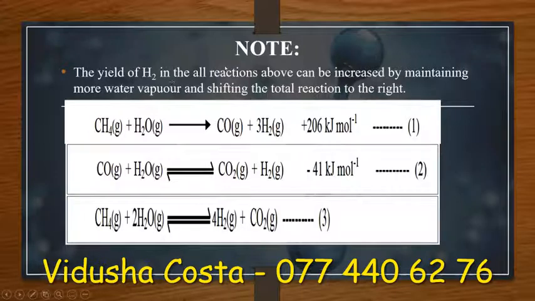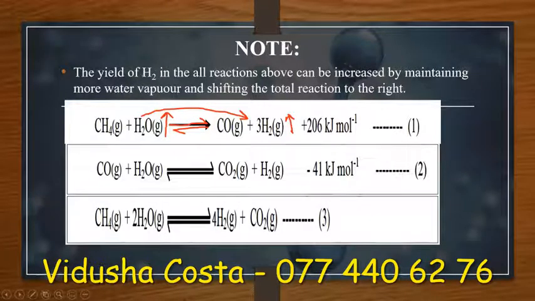Now, if you look at these reactions, if you consider this reaction also to be an equilibrium reaction, because it is a reversible reaction, we can apply Le Chatelier's principle. If you increase the amount of H2O gas, what will happen? When you increase the amount of H2O, the reaction will move forward in order to decrease the amount of H2O. Therefore, the H2 gas concentration will increase.